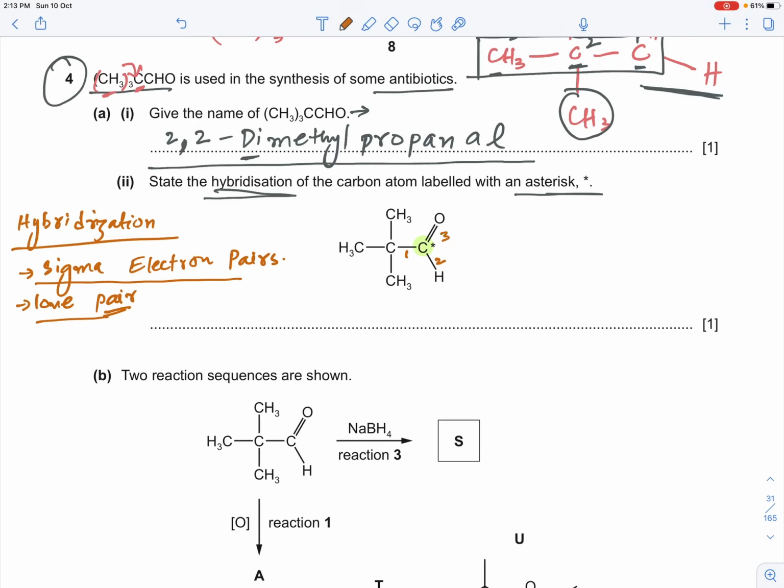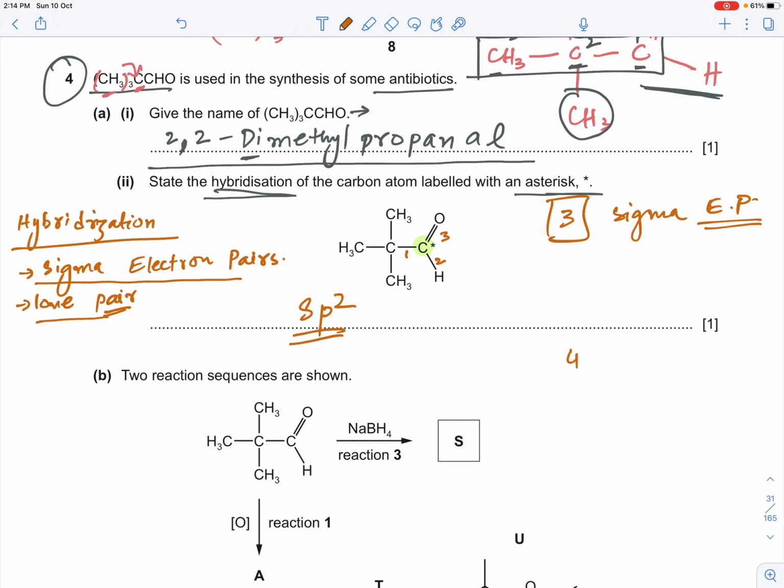So that means this is the third sigma electron pair, and there are no lone pairs. No lone pairs present, only 3 sigma electron pairs. So whenever an atom has only 3 electron pairs, doesn't matter if they are sigma or lone pairs, if the total of the electron pairs is 3, then its hybridization would be sp2. This is a simple technique.